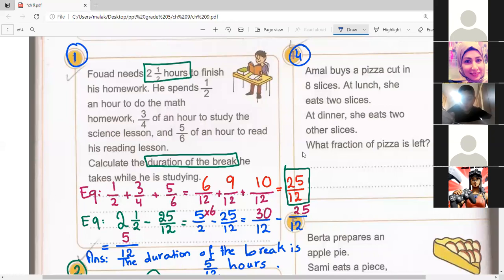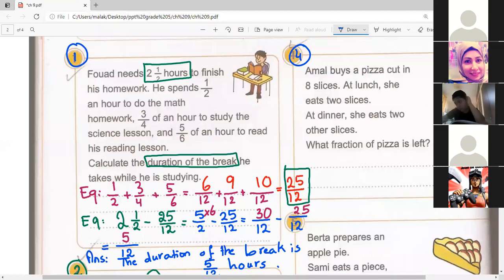At lunch, she eats how many slices? Also 2. At dinner, she eats another 2. How many pieces are left? 4. She eats 4 in all and 4 are left.